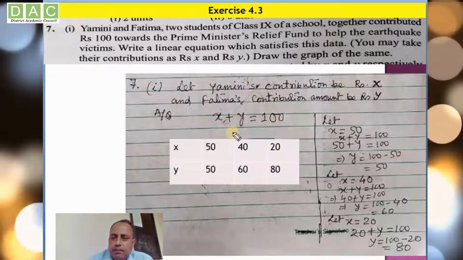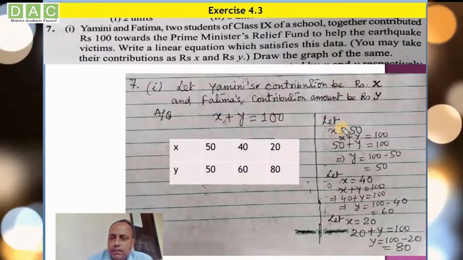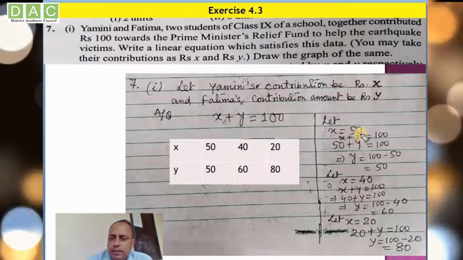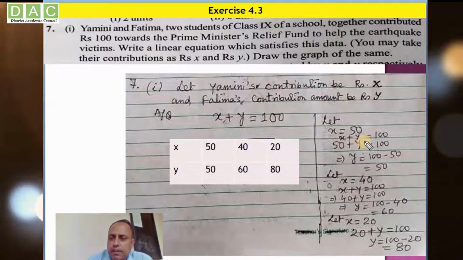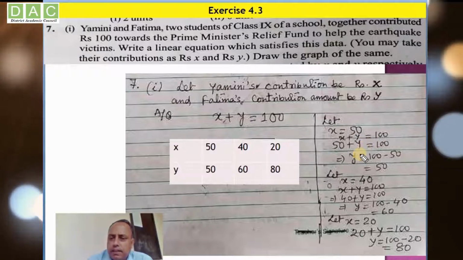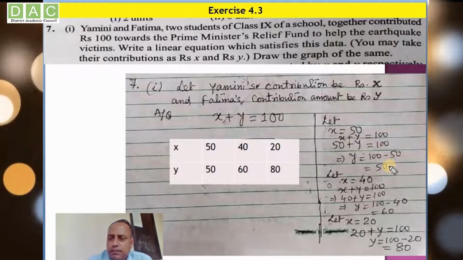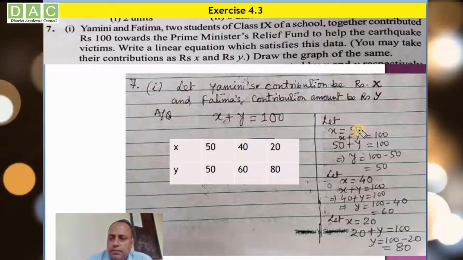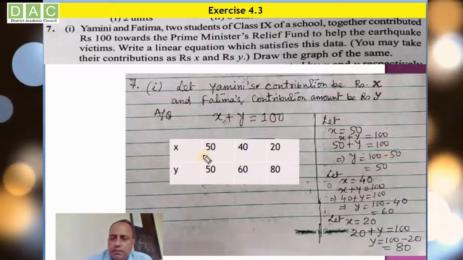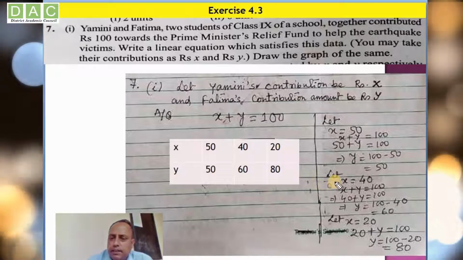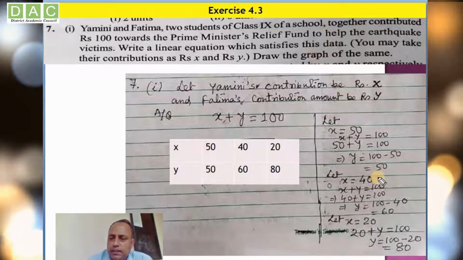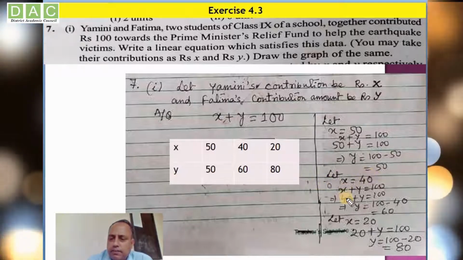Now from this, let x equal 50, then 50 plus y equals 100, so y equals 100 minus 50, which is 50. So when x is 50, y is also 50. Next, if x is 40, then in place of x I write 40.